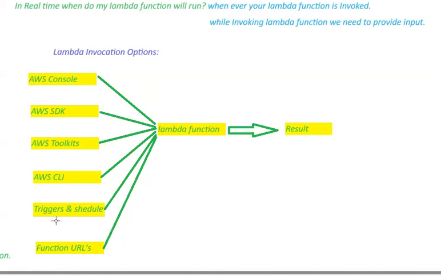By using any one of the invoking methods, if your Lambda function is invoked, then what happens? The code which is present in this Lambda function runs and provides you the output.